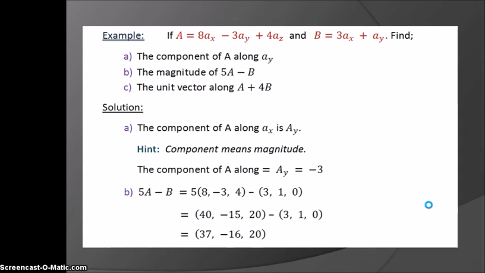So for example, if we have a vector A equal to 8ax minus 3ay plus 4az, and B equal to 3ax plus ay, we are asked to find the component of A along ay, the magnitude of 5A minus B, and the unit vector along A plus 4B.